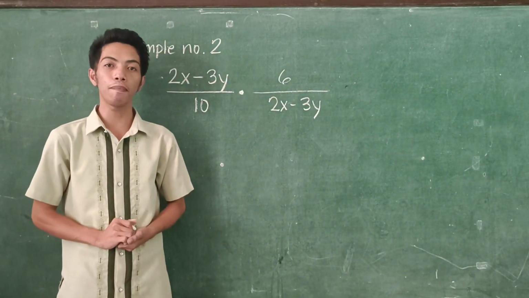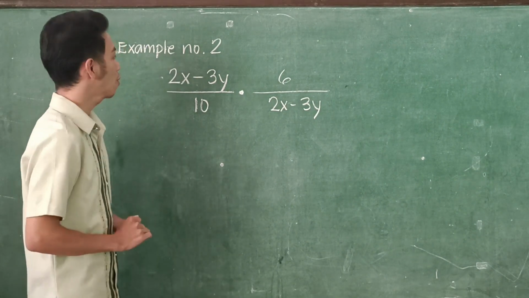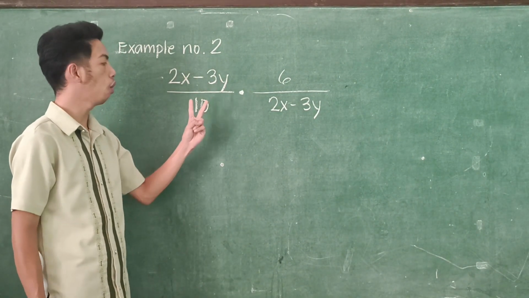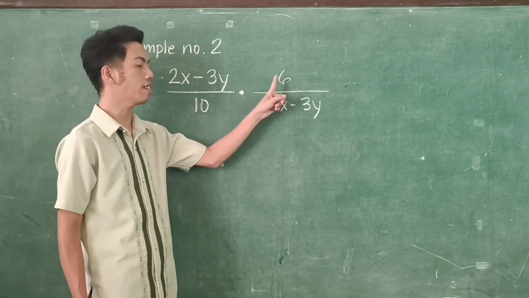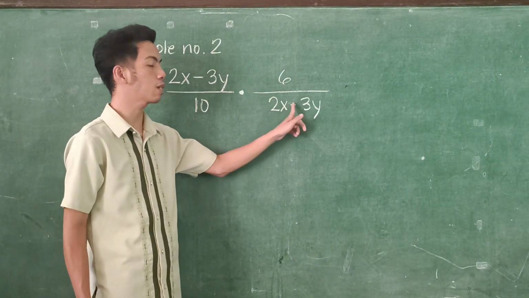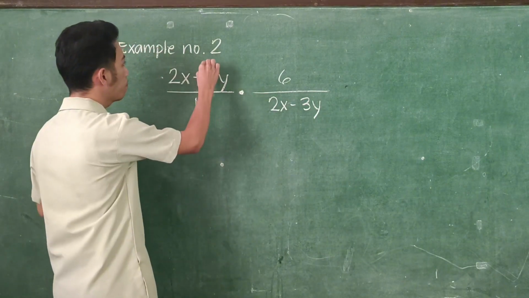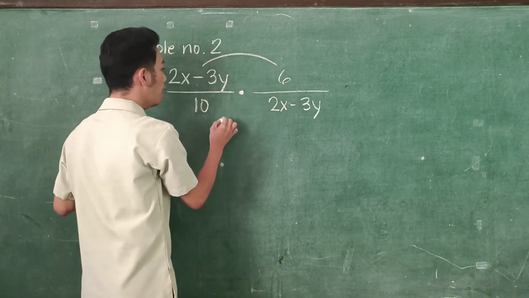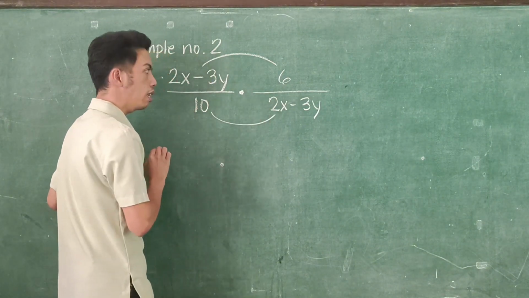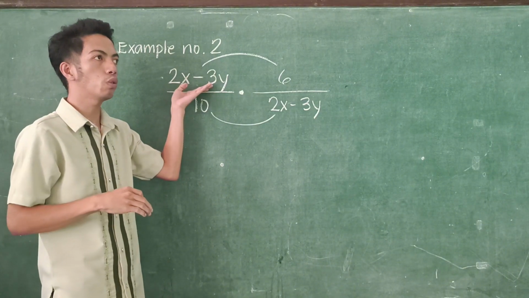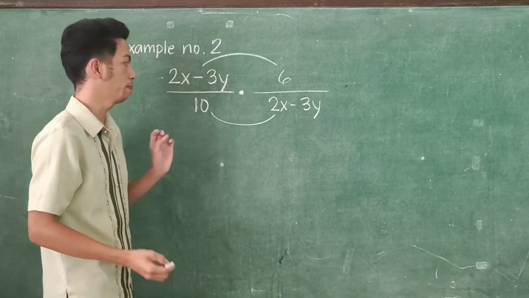Okay, so let's have example number 2. So in number 2, we have here 2x minus 3y over 10 multiplied by 6 over 2x minus 3y. So again, the first step is to multiply the numerator by numerator and denominator by denominator. But in this case, I would like to write it in factor form.